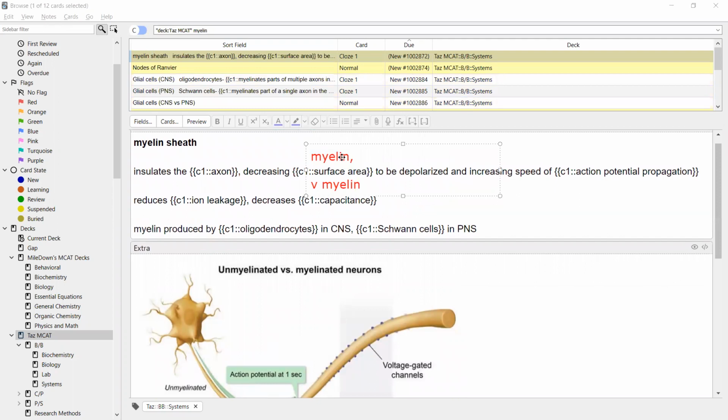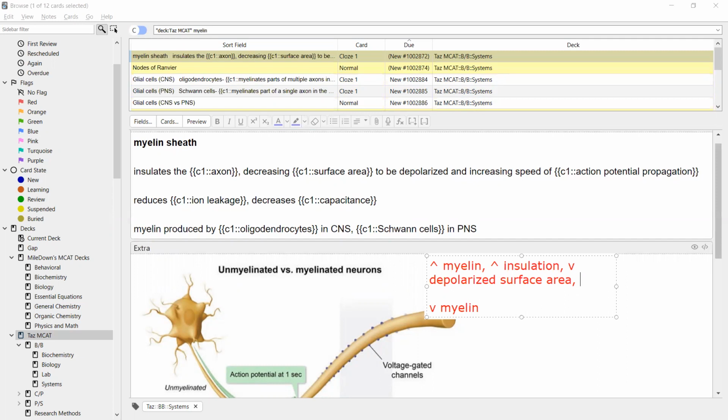We can say when myelin exists, we increase our insulation, we decrease the depolarized surface area, and we increase the action potential propagation speed, right? This is essentially the facts that we have learned.